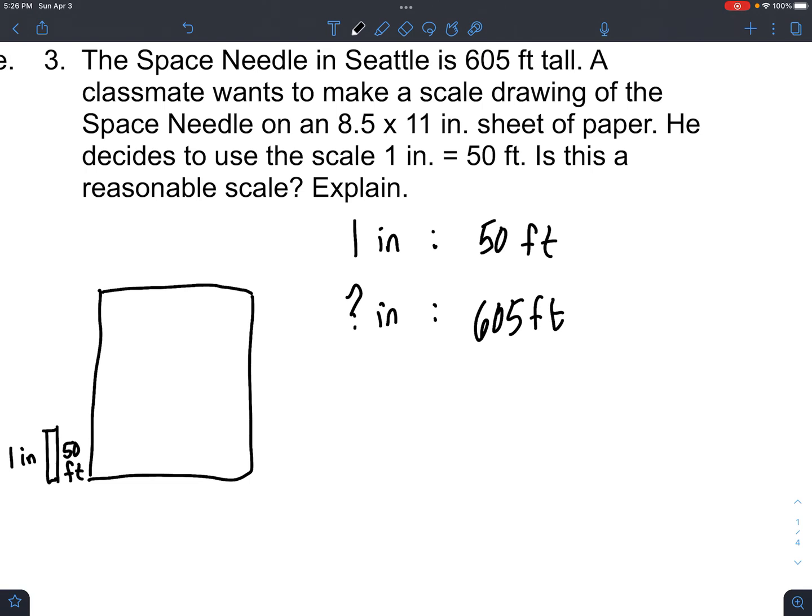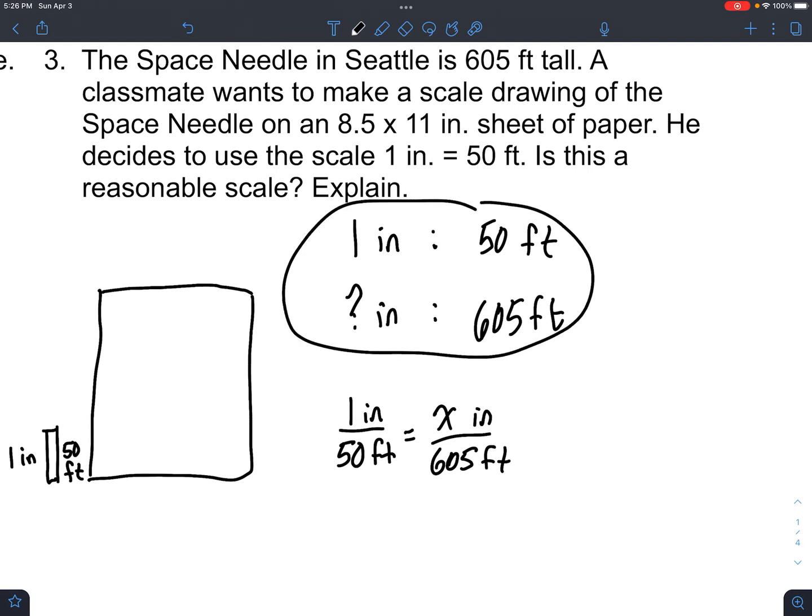So you might see how to do this right away. You might not even think of doing it with this setup at all. You might say, hey, 1 inch is for 50 feet, and x inches of our drawing is this many feet. So it's a ratio. This is a ratio too.